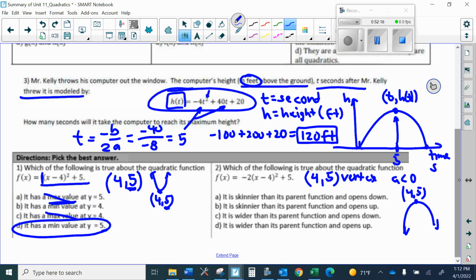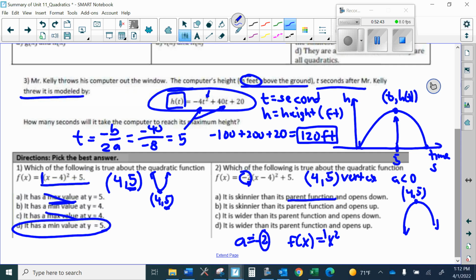And the parent function, just so you know, is always f of x equals x squared, the general shape. Remember, I look at the absolute value. The negative part just tells me it opens down. So the a is negative 2, so it tells me it opens down, but the shape of it is going to be 2x squared.